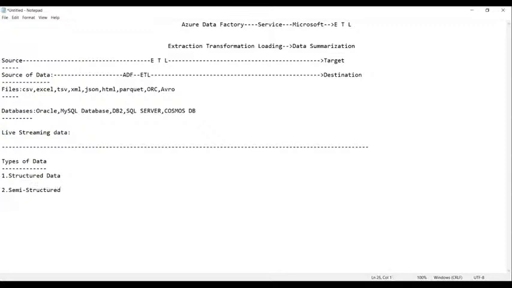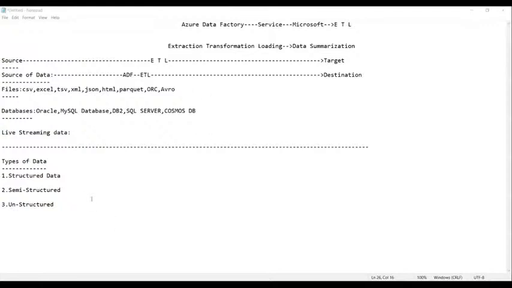And the third one is called unstructured data. So these are the three types of data we can have: structured, semi-structured, and unstructured. Am I right, everyone?